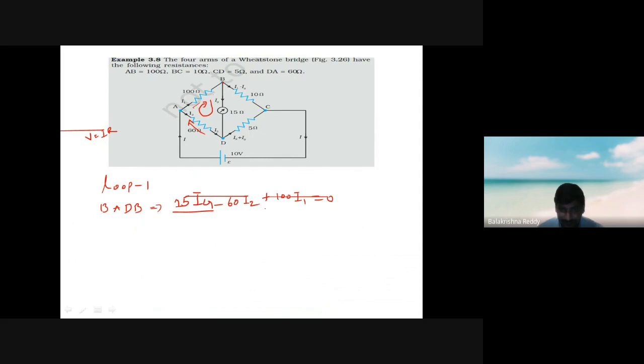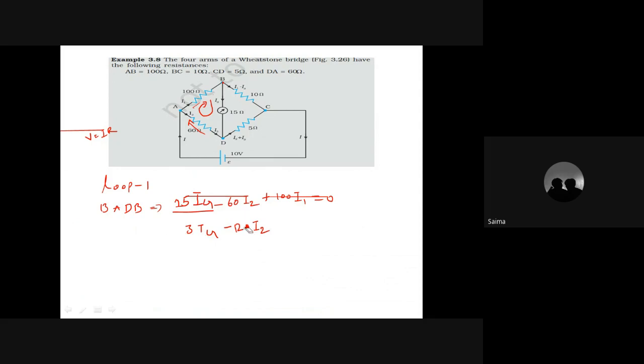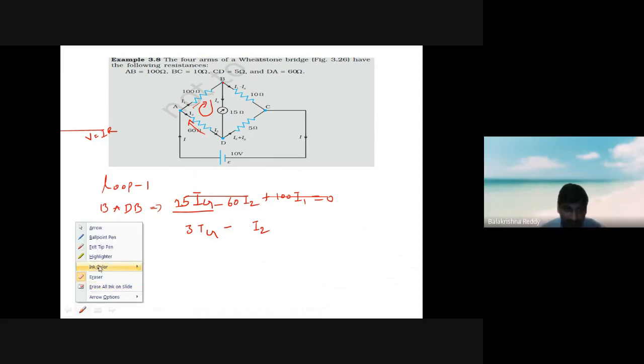Let us see, can we take any common factor from all this? 15 with respect to 5, we can take 3 Ig, minus 12 I2, since 5 times 12 gives us 60, plus 5 times 20 I1 is 100, equal to 0, right?